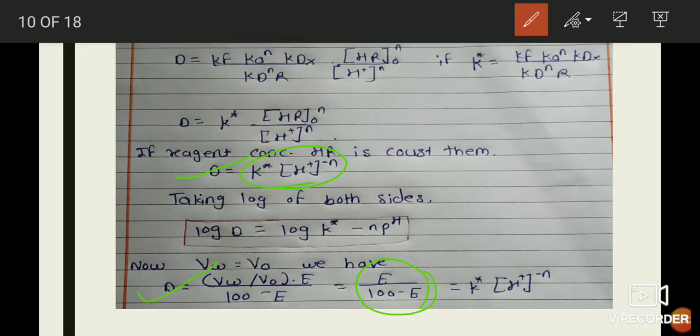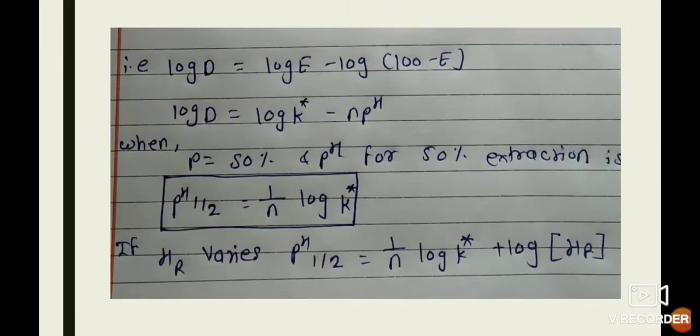Taking log, we get log D is equal to log E minus log of 100 minus E, and then log D is equal to log K star minus n pH.